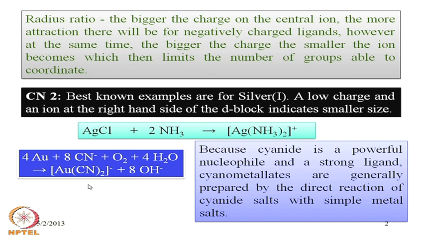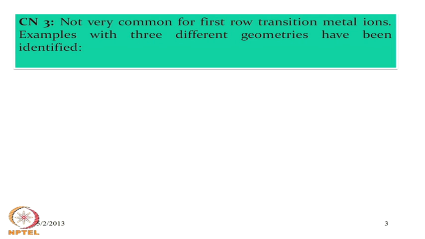And this complexation procedure is useful for the purification of gold where the gold quality is not good. Some impure gold can be treated with this and leached out as the salt, followed by reduction again back to elemental gold, which can give us the pure variety of gold in our hand.